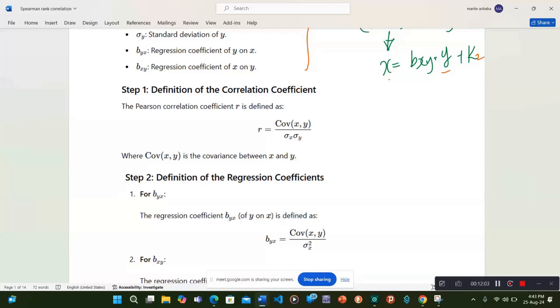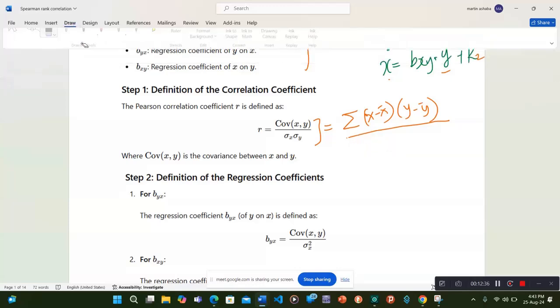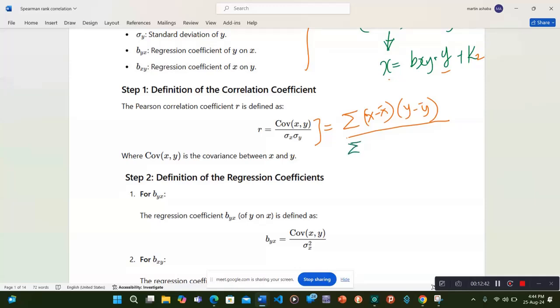It is already given by this formula, the same as what we had above: the sum of x minus x bar into y minus y bar, divided by the square root of the sum of x minus x bar squared.